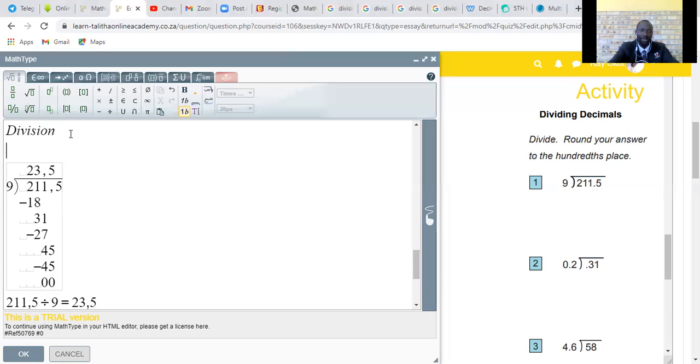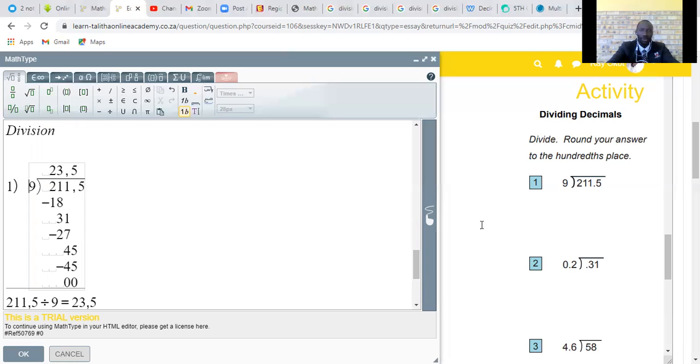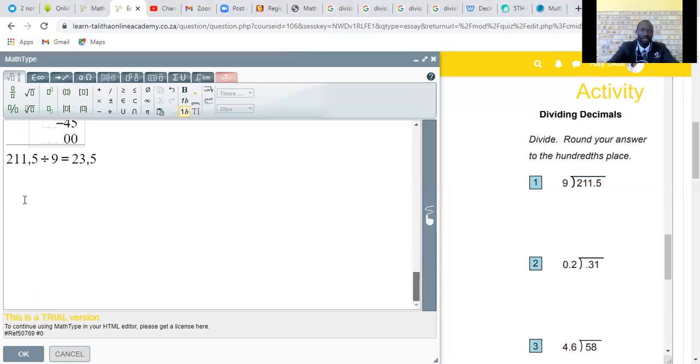Activity 1, part 1. Well, we could now move on to activity 1, part 2.